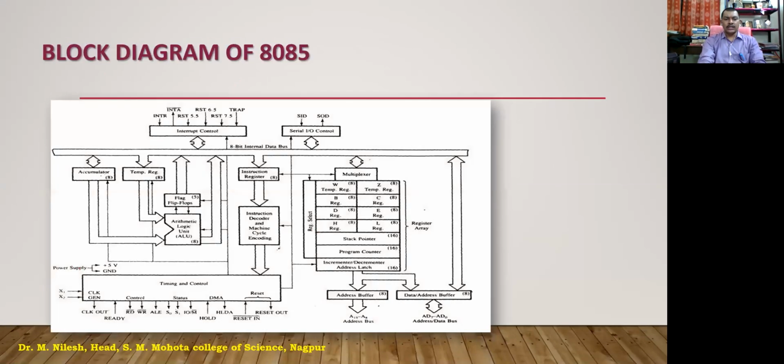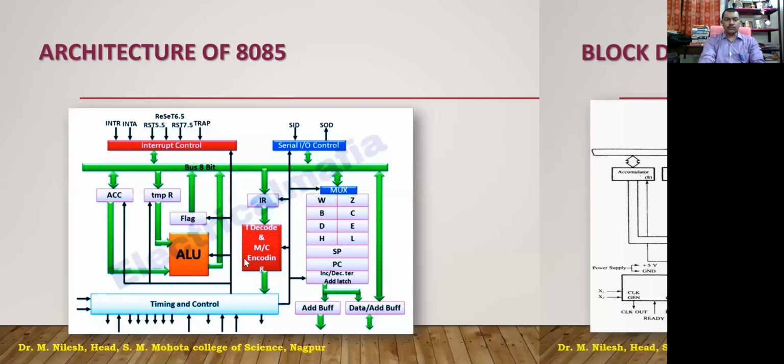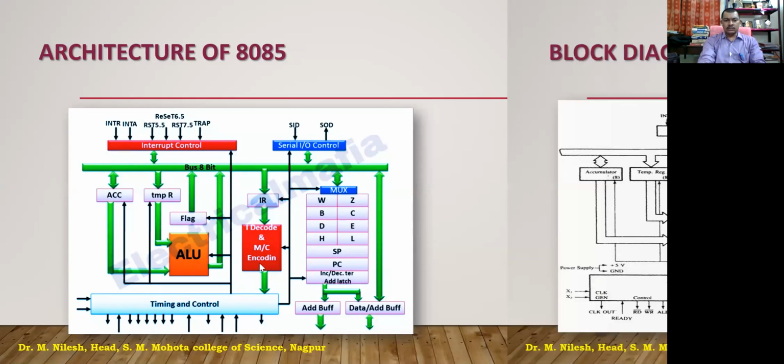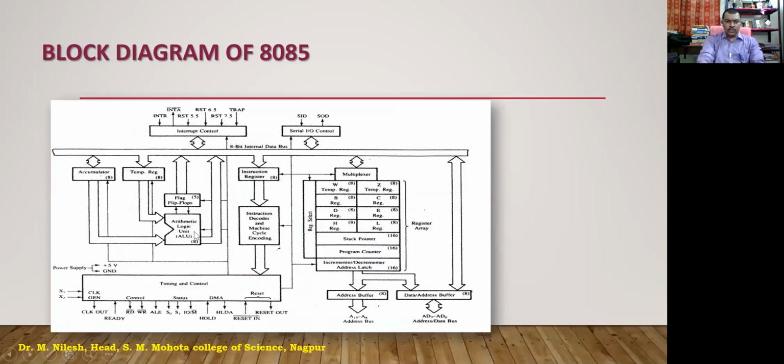So this was the internal architecture, and here you are able to see the timing and control unit at the bottom. This whole unit controls all those signals. These are going to send those signals to those particular devices, the input output devices as well as the memory.